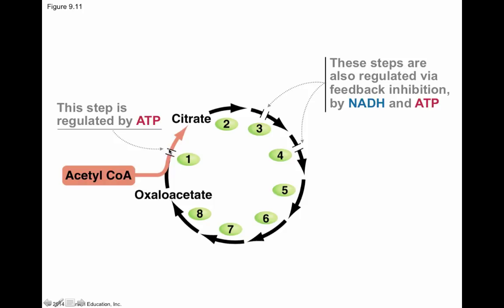You can learn a lot more about this in biochemistry later. But this first step, if there's lots of ATP, that enzyme is inhibited by ATP. Also, NADH and ATP will inhibit step 3 as well as step 4. So 1, 3, and 4 are all inhibited by high levels of potential energy in ATP and NADH-rich molecules.